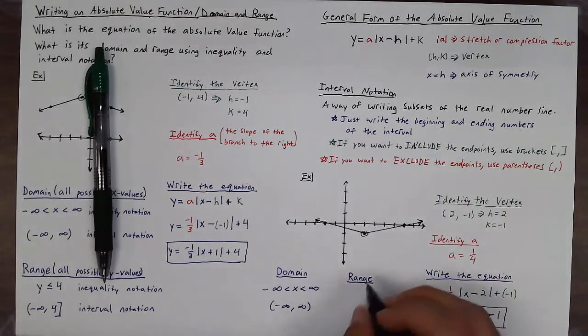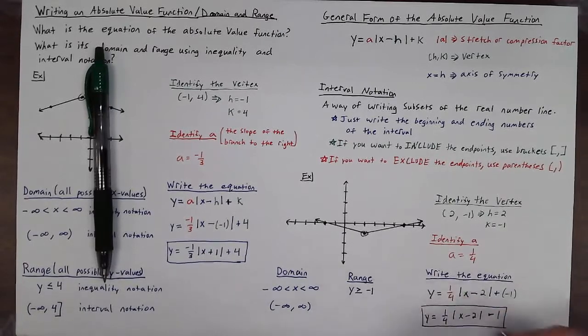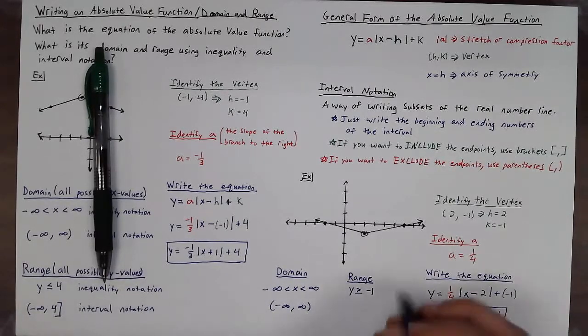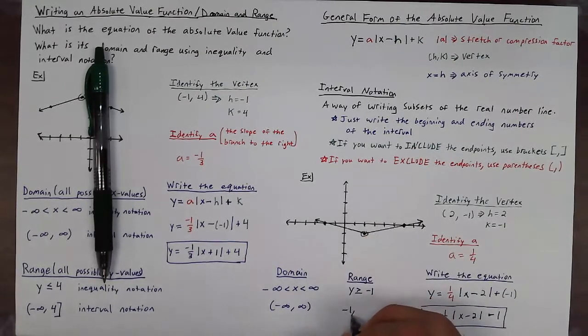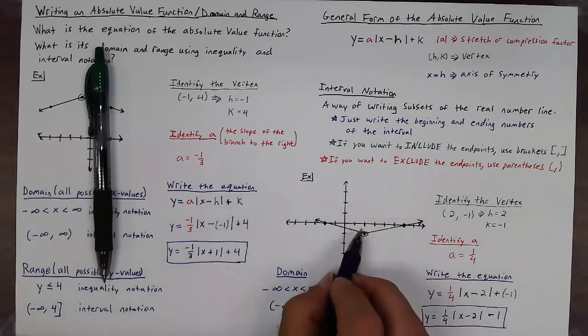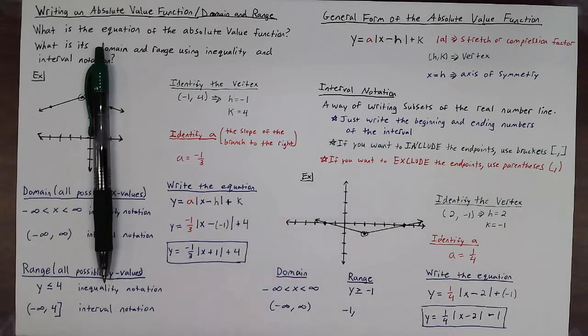So y must be greater than or equal to negative 1. And the way you write that in interval notation is, now that's the beginning point, so negative 1 to positive infinity, because it looks like it'll keep rising to any y value we could imagine. We want to include that negative 1, but again, we cannot include infinity. And that is how you write an absolute value function and find domain and range.